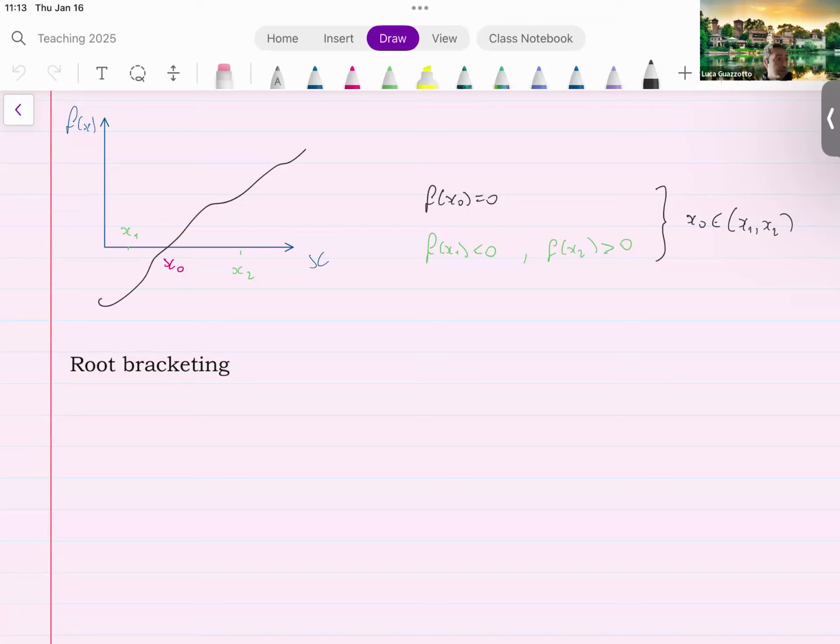Say, for instance, you're looking for some mass that will make some equation be satisfied. You know that's going to be positive, so it's going to be between 0 and infinity.